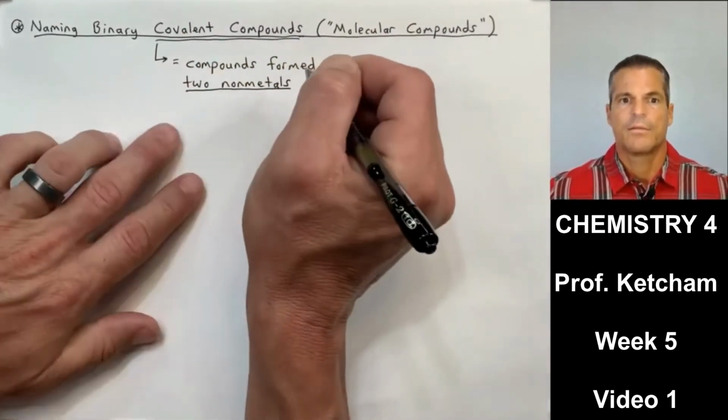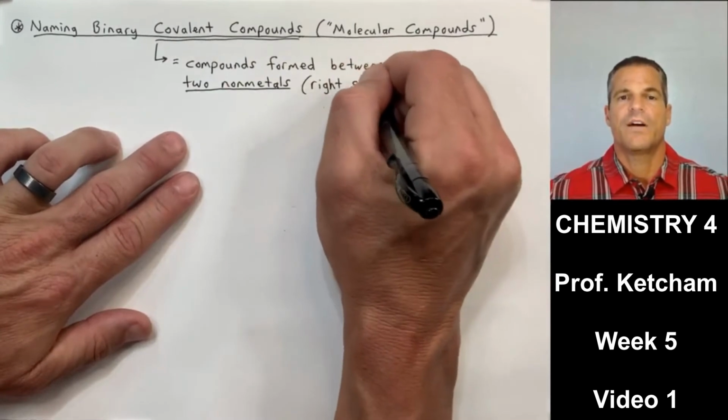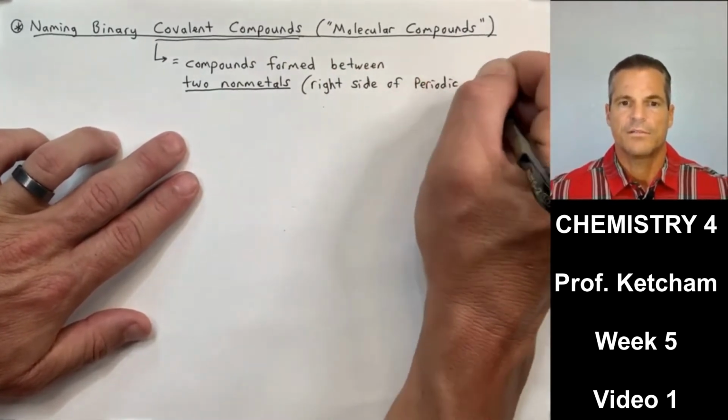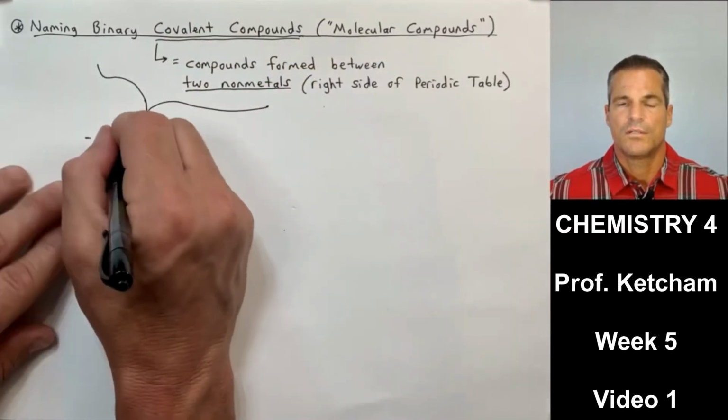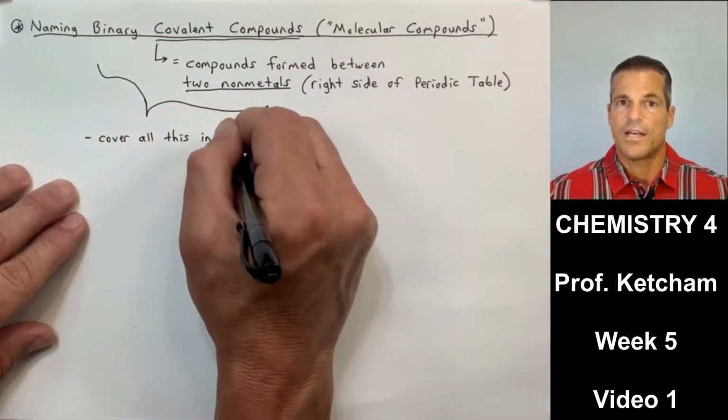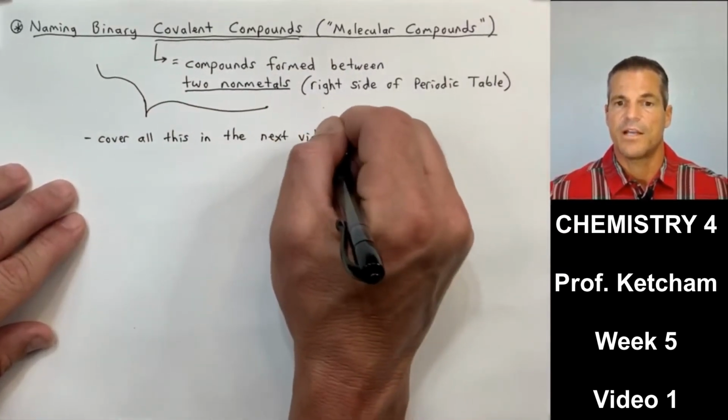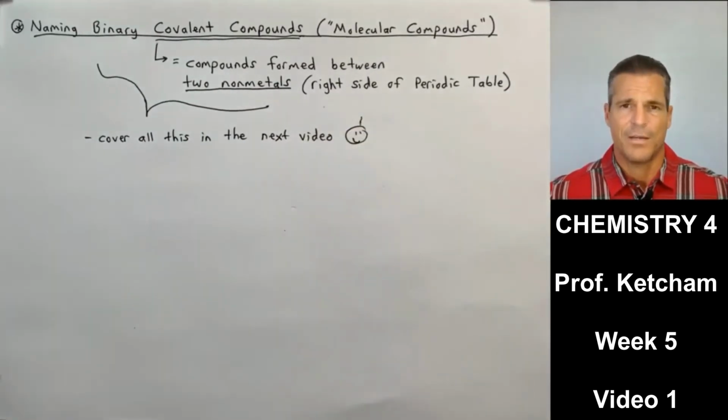That's ionic. So covalent compounds are defined as compounds formed between two nonmetals. This is to the right side of that staircase, essentially the upper right of the periodic table.